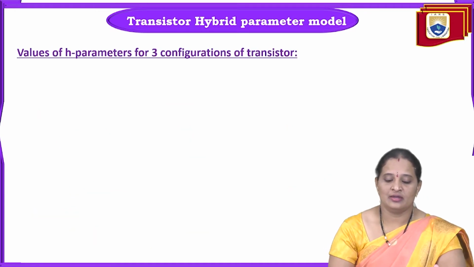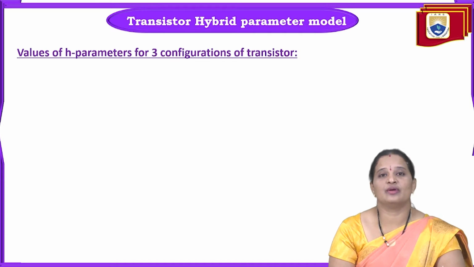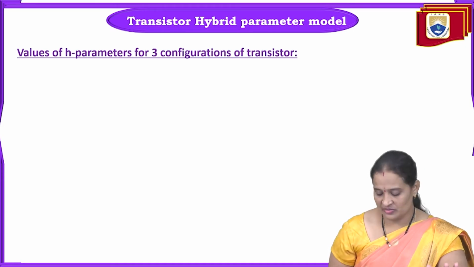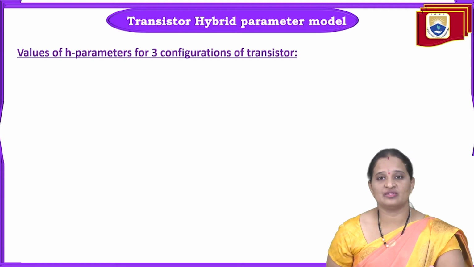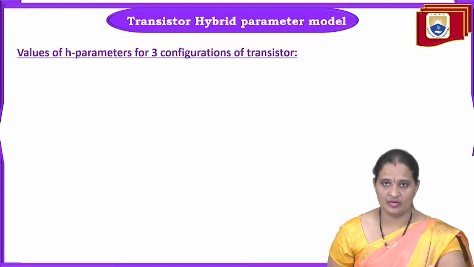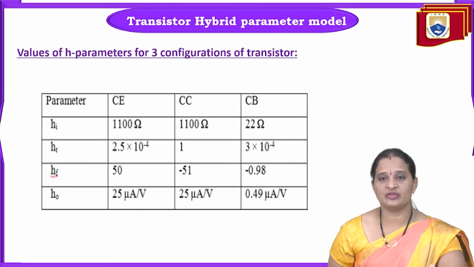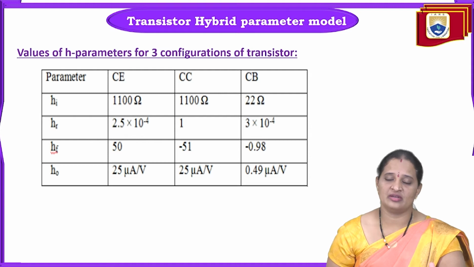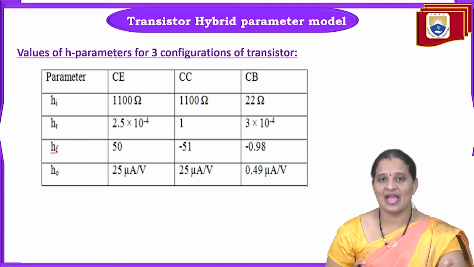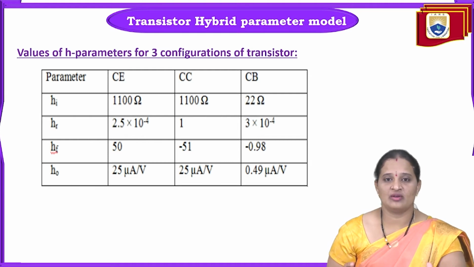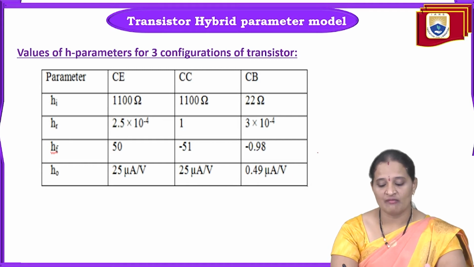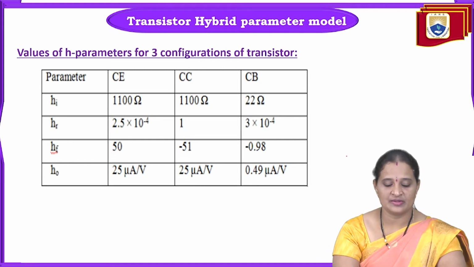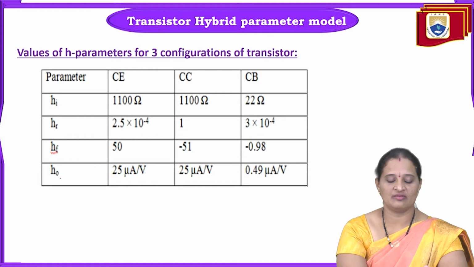Now, the typical values of H parameters that we need to remember. Whenever you are solving problems, if the H parameter values are not given, you can use these typical values, which we can consider as ideal values. For all the three configurations, these are the values of the various H parameters: HI, HR, HF, HO.